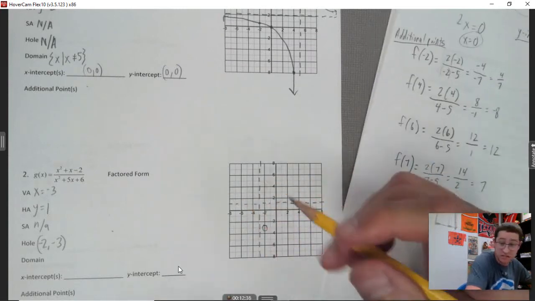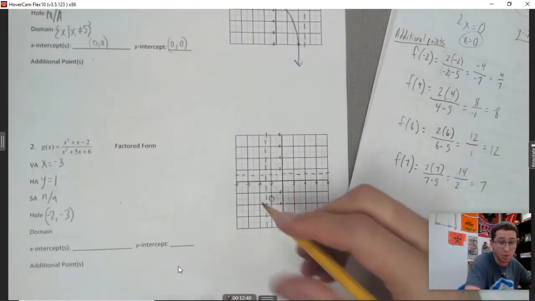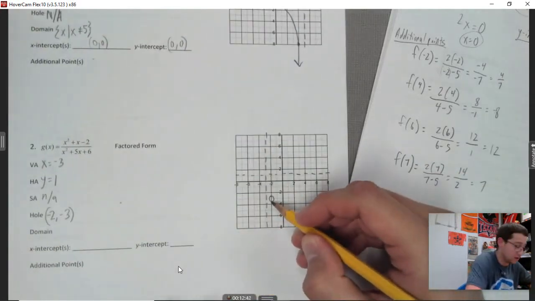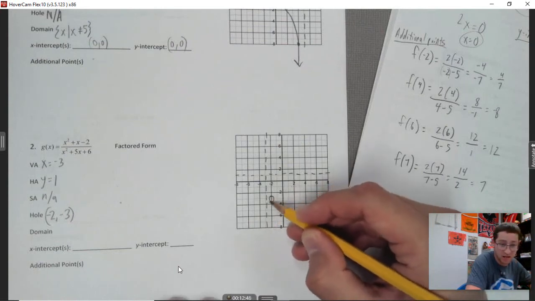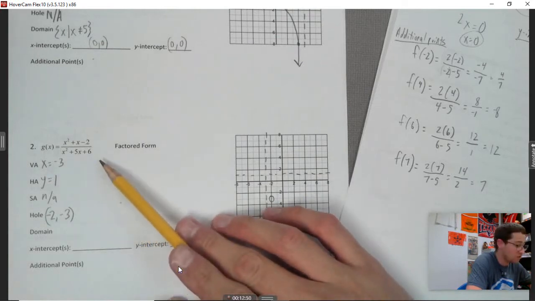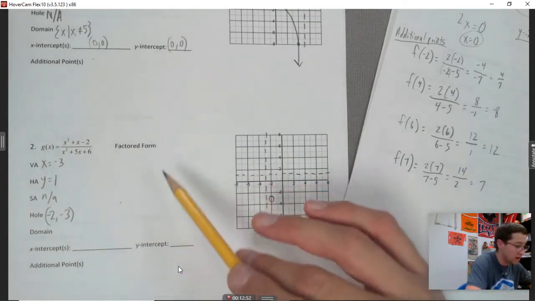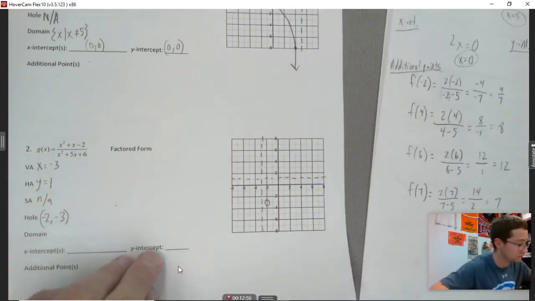You're going to find some additional points, the y-intercept, and some x-intercepts, but when you get to this hole, you're just going to leave it. You're going to go around it. We don't have a point there. It is not evaluated there because, if you remember, this one the other day had a factor that canceled out. So that's why you have a hole there.